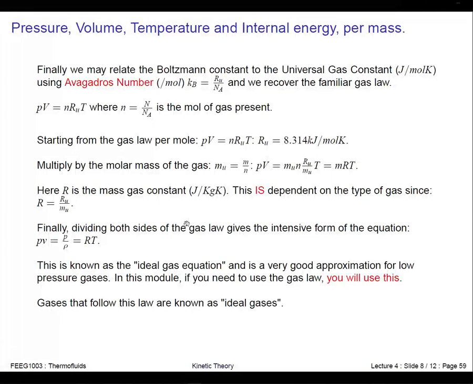Be careful with this, because it does depend on the type of gas. The gas constants for CO2, air and nitrogen are all different, because the mass gas constant is equal to the molar gas constant divided by the molecular mass. This gives us our gas law, which we're quite familiar with, and we're going to end up using in this module.